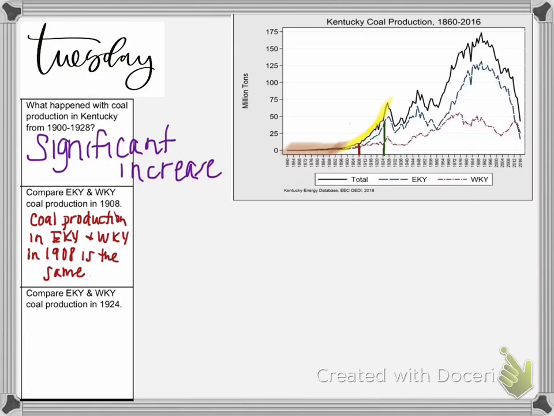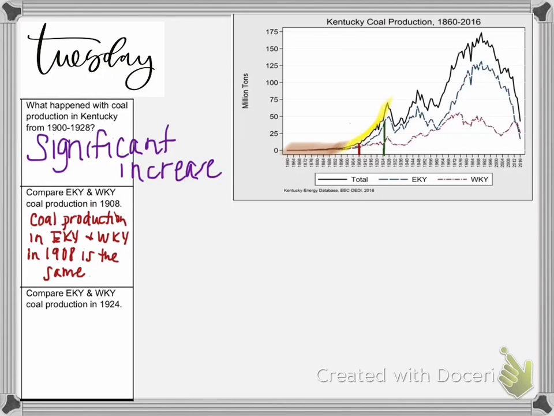Eastern Kentucky is nearing 50 million tons, probably about 45 million tons, whereas Western Kentucky is sitting at about, I don't know, maybe 15. So you're looking at a difference where before in 1908 they had no difference, to 1924 there's a significant difference there.